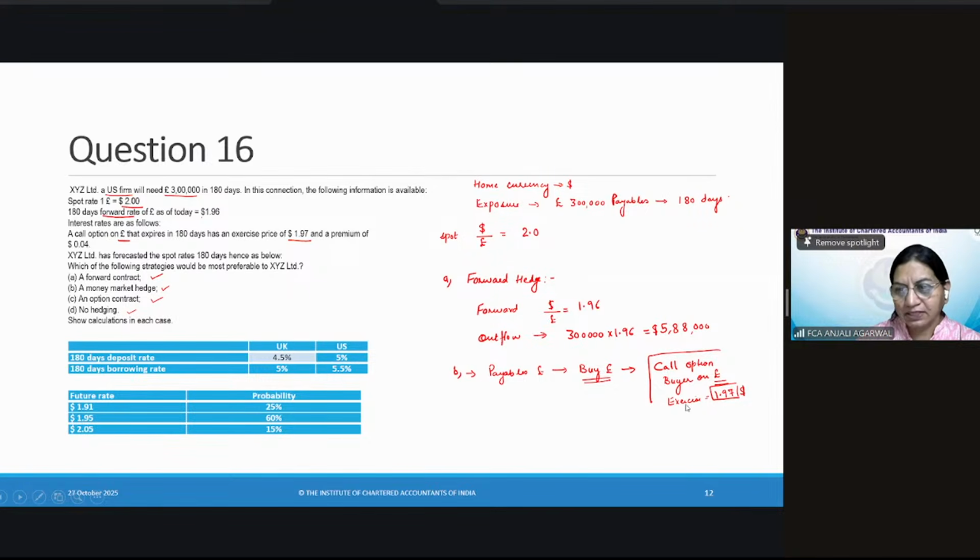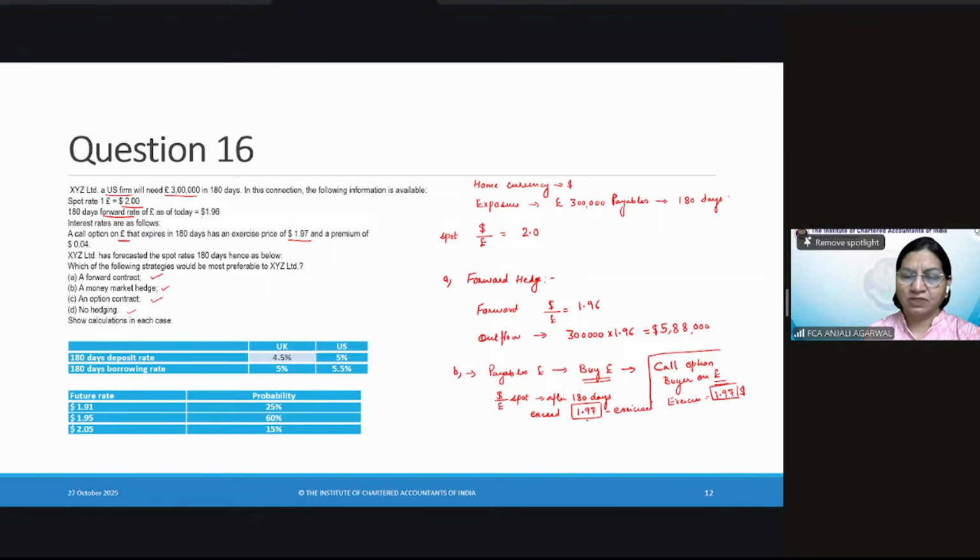Now, calls are exercised only when the market price is more than the exercise price. So if your dollar-pound spot rate after 180 days will exceed 1.97, the call option will be exercised. Right?